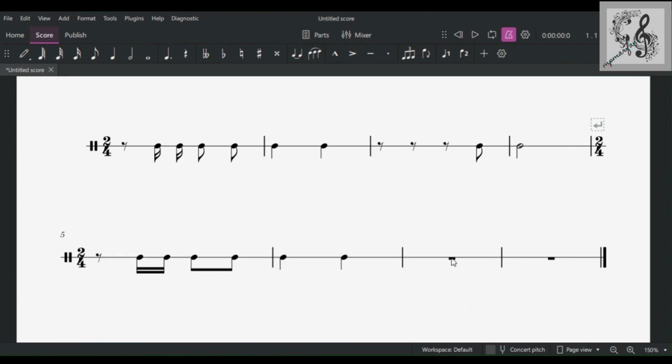So if we have to rewrite this, we're going to combine these rests to make a full quarter rest, because when you add up an 8th and an 8th, you get a quarter. So there we go. Then count 2 will begin here on this 8th rest, followed by our note.